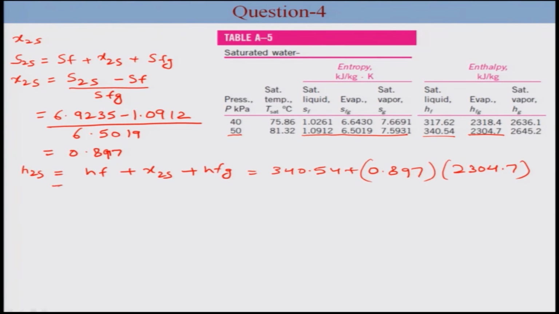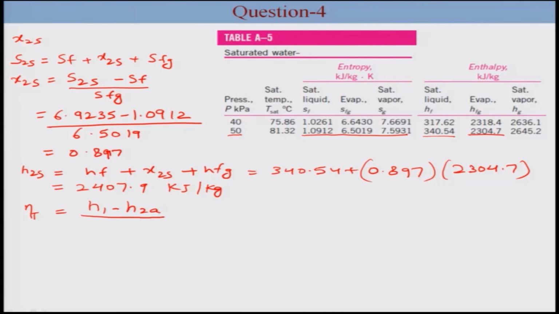So this gives a value of H2S of 2407.9 kJ/kg.